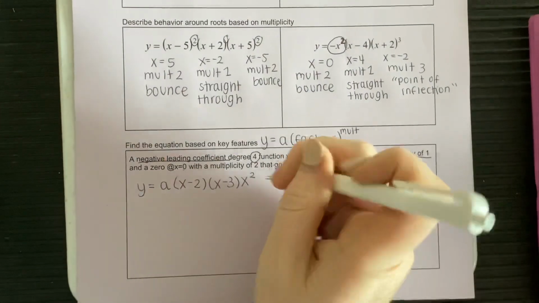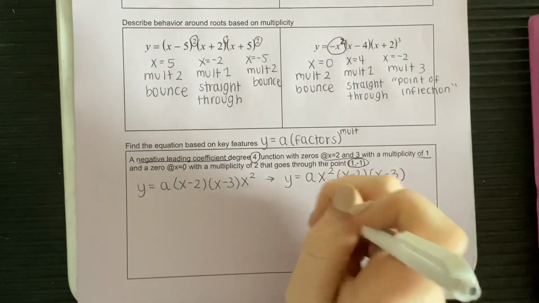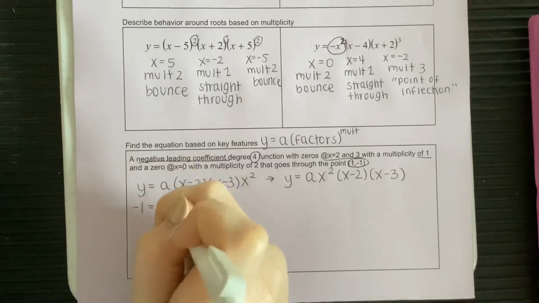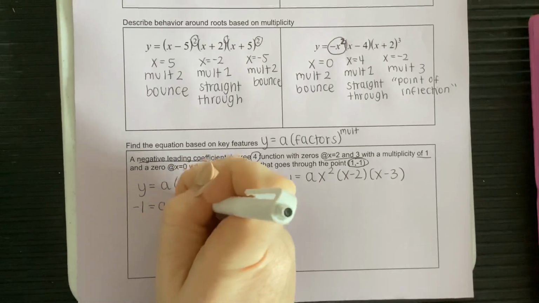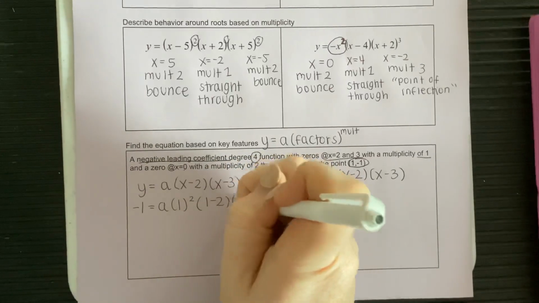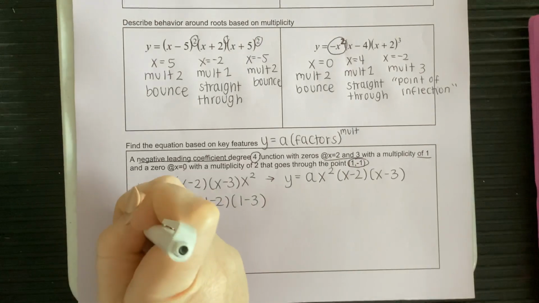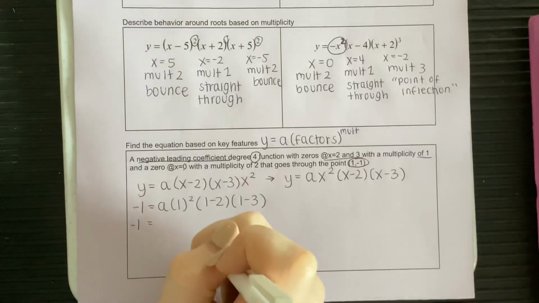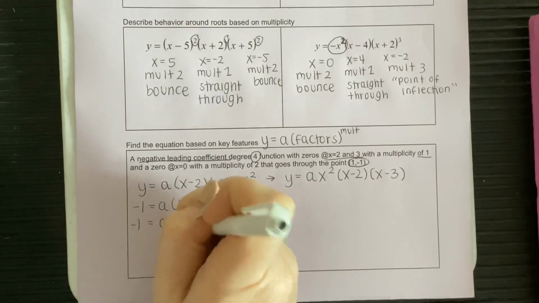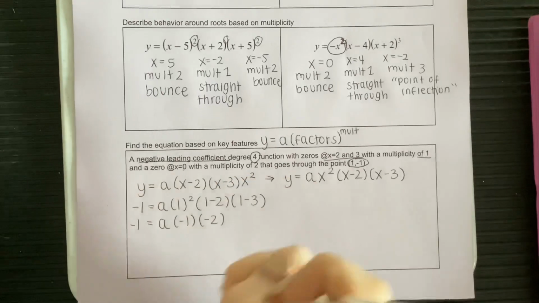Now, to find that a value, it tells you it goes through the point 1, -1. So we're going to take that and plug it in. So we're going to plug in -1 is equal to, we don't know our a, 1 squared, 1 minus 2, 1 minus 3. Okay, so this can be -1 is equal to, 1 squared is 1, 1 minus 2 is -1, 1 minus 3 is -2.